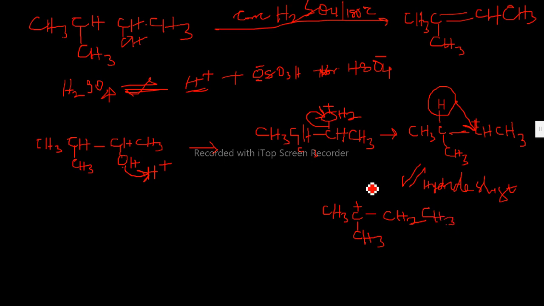So now, do you see where the plus is? This is a tertiary carbocation because it is surrounded by alkyl groups, which is more stable than a secondary carbocation. If you do that, guys, then trust me, there is a full mark for this.